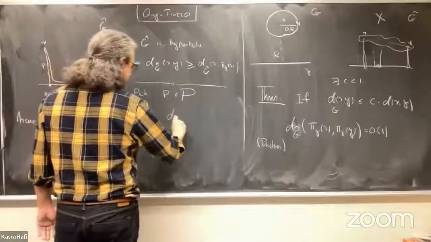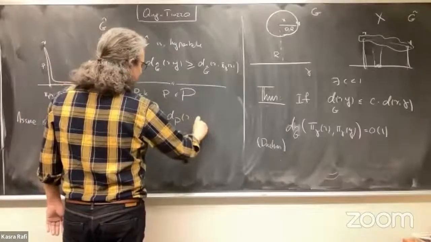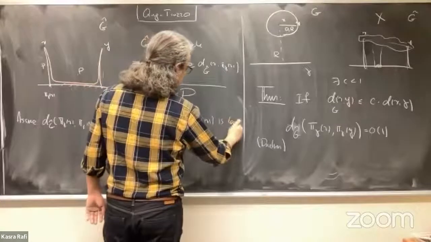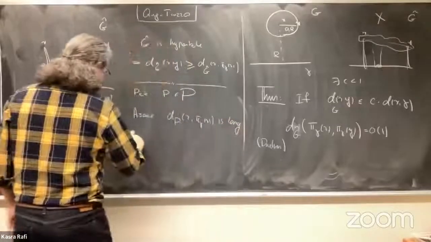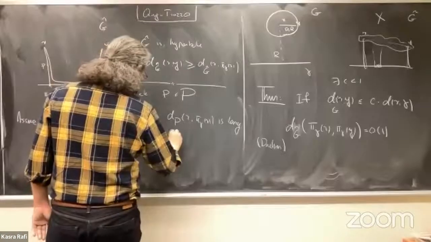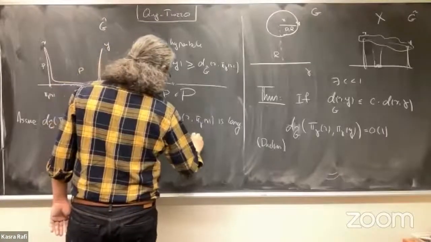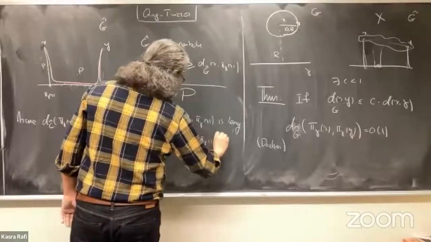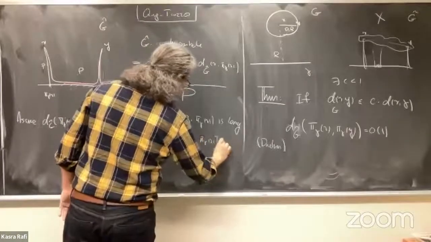So assume the distance in P of X and pi gamma of X is large, right? So that means P is close to the geodesic connecting X and pi gamma of X in G hat.